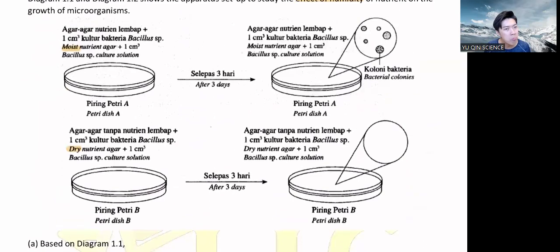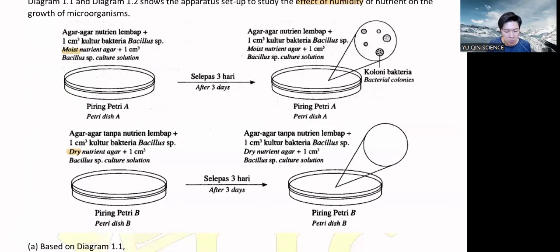We will say, bacteria grow and reproduce well in moist content or in humid condition. It can be straightforward like that, of what you're trying to say. Or you can also say the opposite.